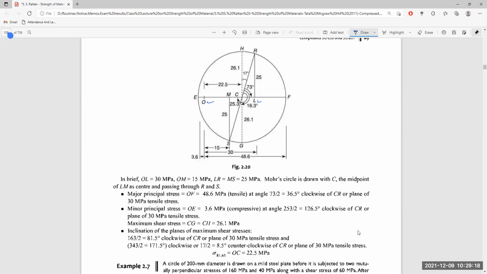The inclination of the plane with maximum shear stress is 81.5 clockwise, divided by 2, 173.5 clockwise or 8.5 counterclockwise of the plane of tensile stress sigma x, and OC, that is sigma x from O to C, becomes 22.5 MPa.